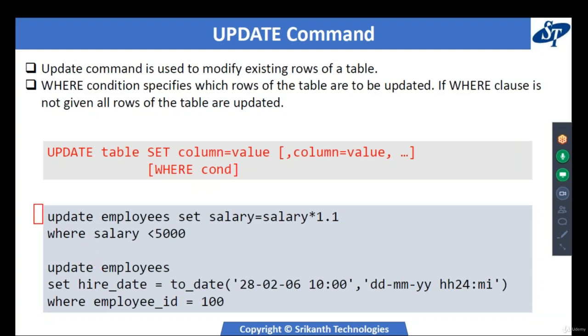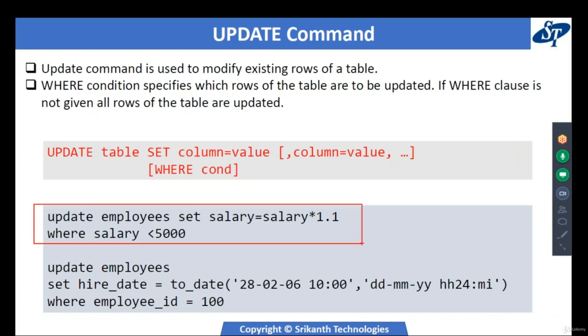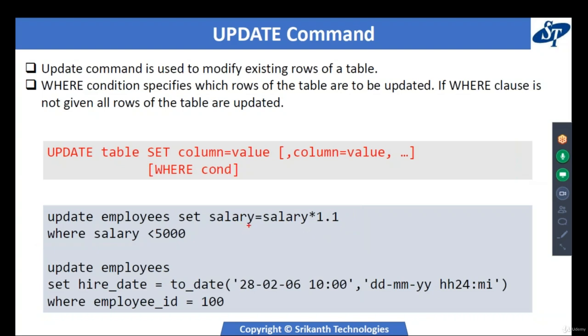So here the first command is updating the salary of employees whose salary is less than 5,000. So we change the salary to this new value, which is a hike of 10%. So salary is set to the new value, but only for those employees where the salary is less than 5,000.